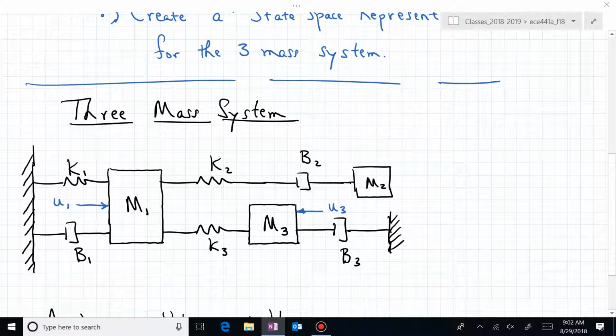Now I know you're going to ask me, where is U sub 2? It's not there. We have 2 inputs that are labeled U sub 1 and U sub 3, mainly because the external force that's applied to mass 3, I'm just connecting with the 3rd mass and calling that U sub 3. And I do not have a U sub 2.